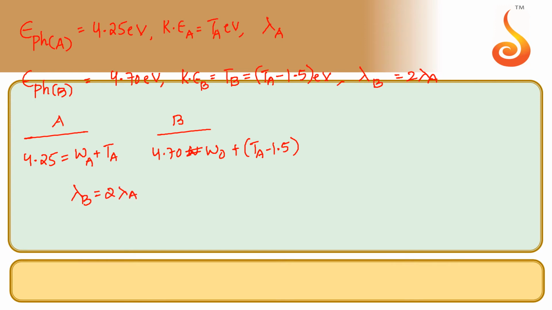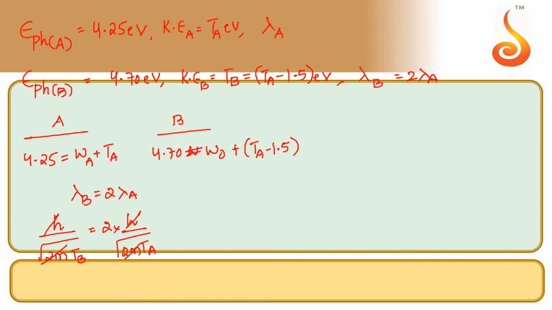So lambda B can be written as h by under root of 2 times mass into kinetic energy of B, where the kinetic energy of B is Tb. This is equal to 2 times lambda A, which can be written as h by under root of 2m Ta. So h gets cancelled, root 2m gets cancelled.